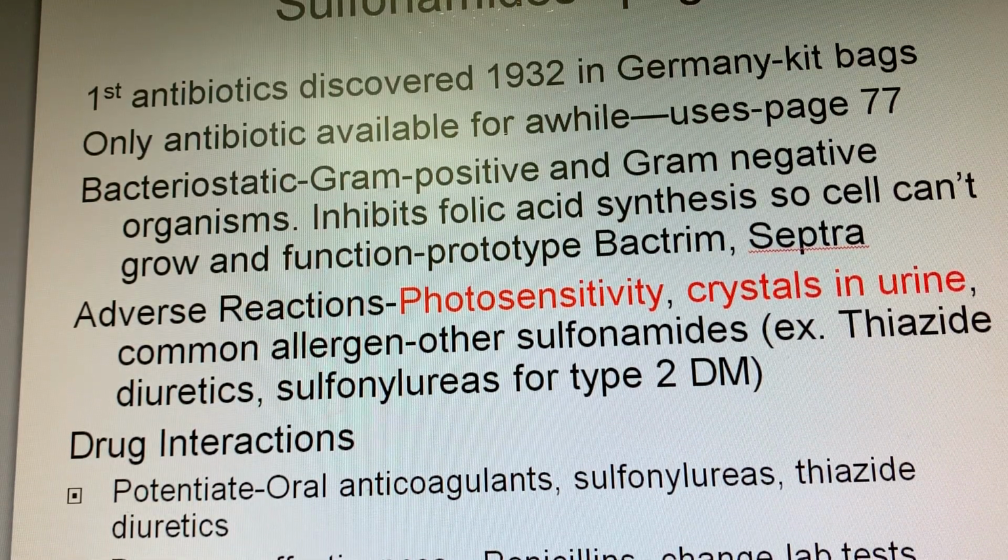Now there are two main adverse reactions that you need to know about sulfonamides, and those are photosensitivity and crystals in the urine. Photosensitivity, once again, is extra sensitivity to sunburn. Now, we all have our point at which we start to burn if we are exposed to the UV rays in the sun, and it varies from person to person.